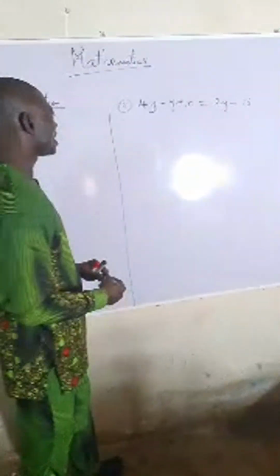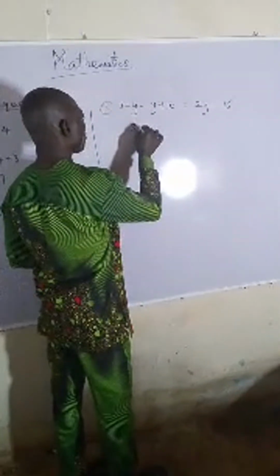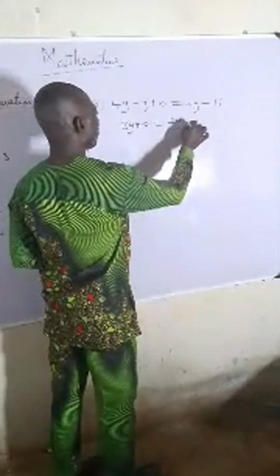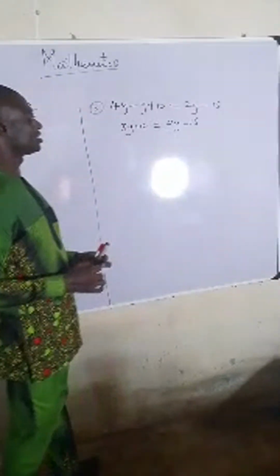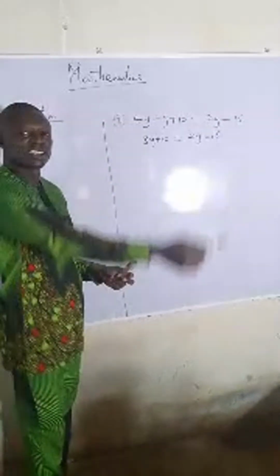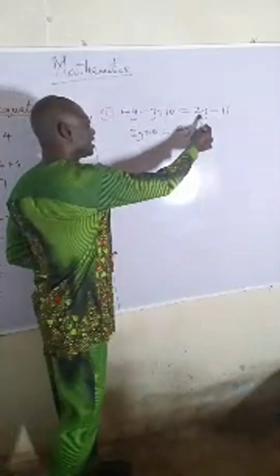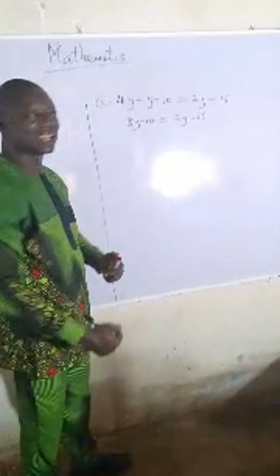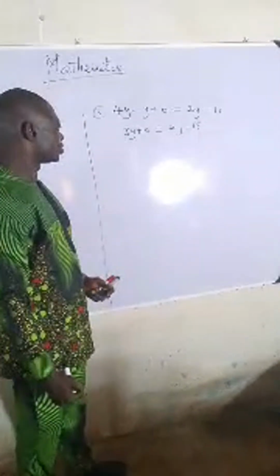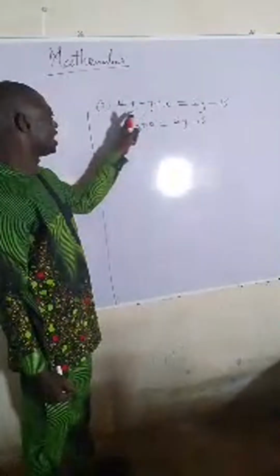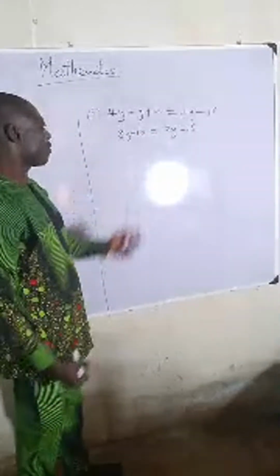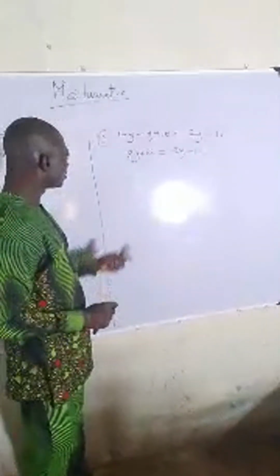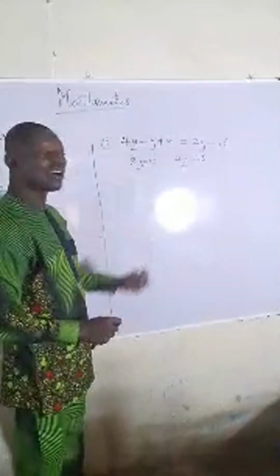So on the left hand side, we say 3y plus 10 is equal to 2y minus 15. We have not changed anything on the right hand side, because the terms we have there are not like terms. They are y and an ordinary number. The only place we have changed something is where we have like terms, 4y minus y.